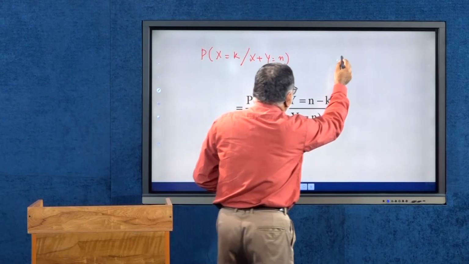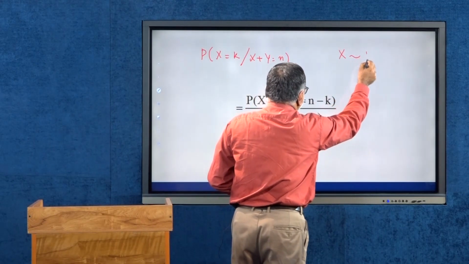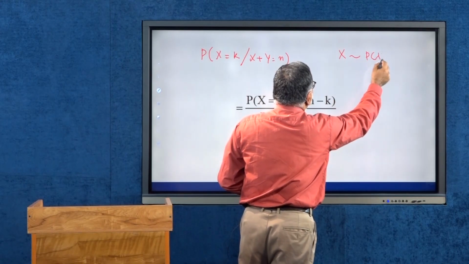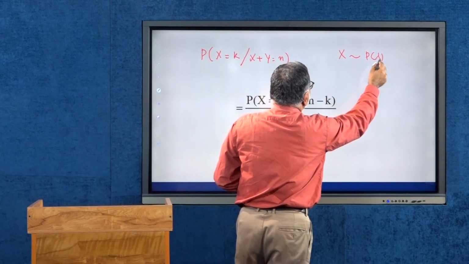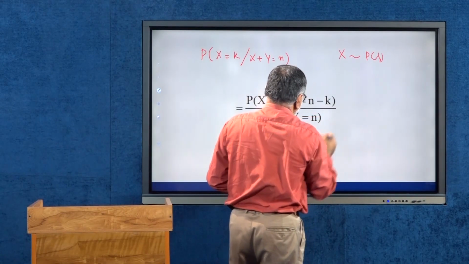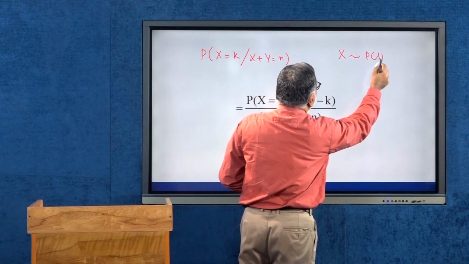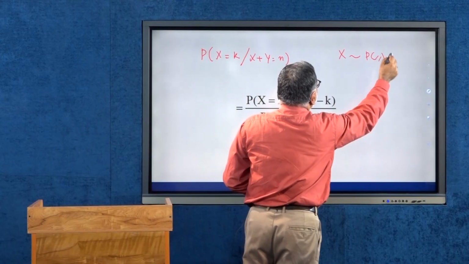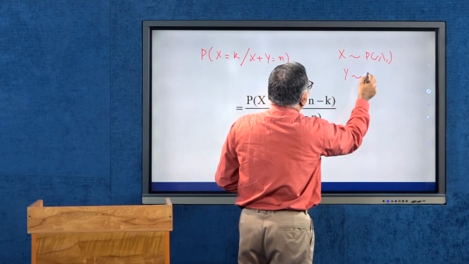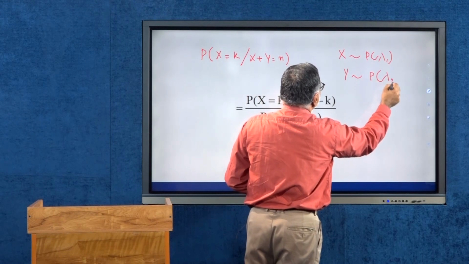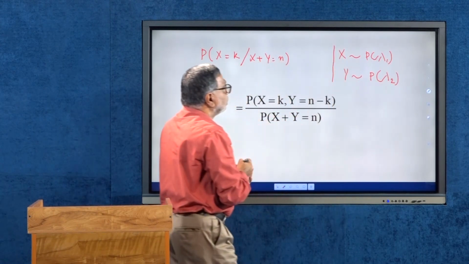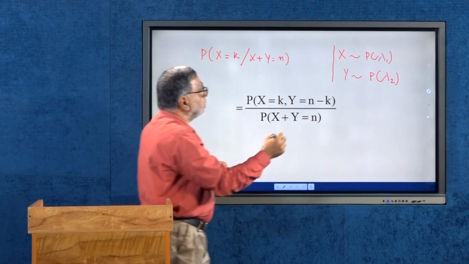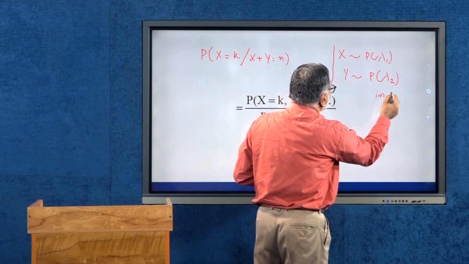Remember, you are given that x is a Poisson random variable with parameter lambda 1, and y is another Poisson random variable with parameter lambda 2, and these are independent.